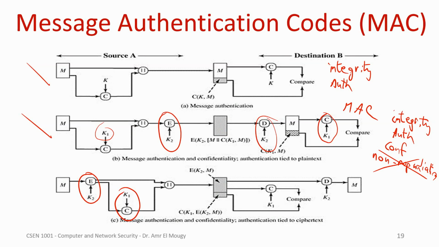So after that, you concatenate both the encrypted message and its MAC, and you send both to the receiver. Now here, because you did the message authentication code last, the verification now has to come first. So now you take the message authentication code that was sent, you take the encrypted message here, you pass it to the message authentication code along with K1, and you take the attached MAC and you compare them.